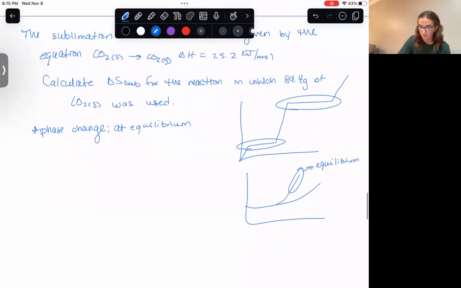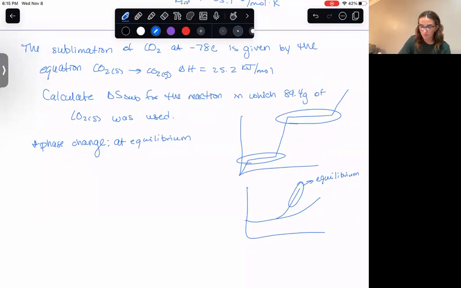Okay. So when we're at equilibrium, does anyone know of a special delta G equation that we can use?